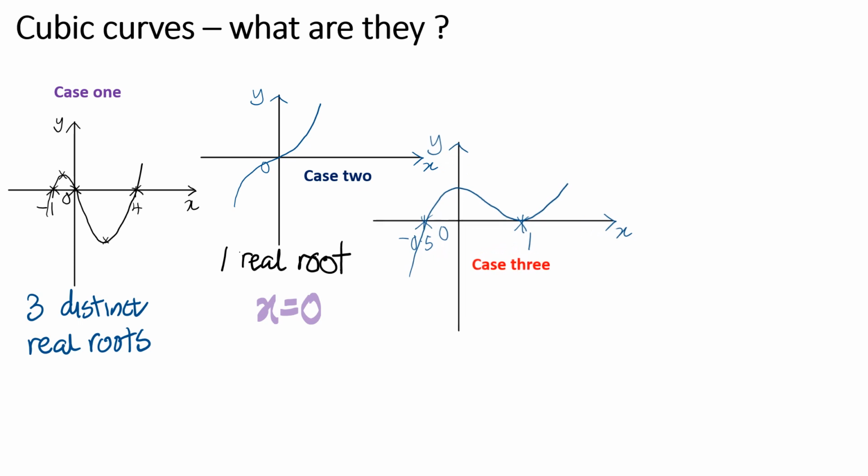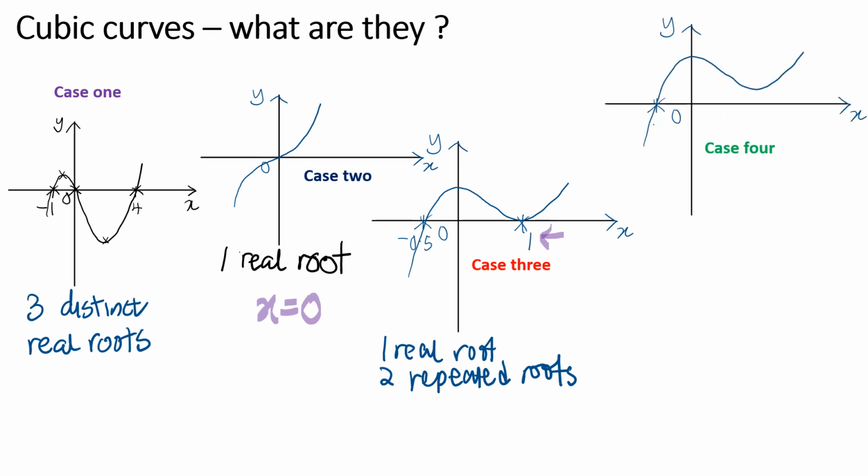Or case number 3, where, in this case here, can you see that there's a pair of repeated roots, and it happens here? x equals 1 is repeated, and then another real root, that's x equals negative 0.5. Or it could be case 4, where there's only one real root. And for this part of the curve, there is no real root at all.